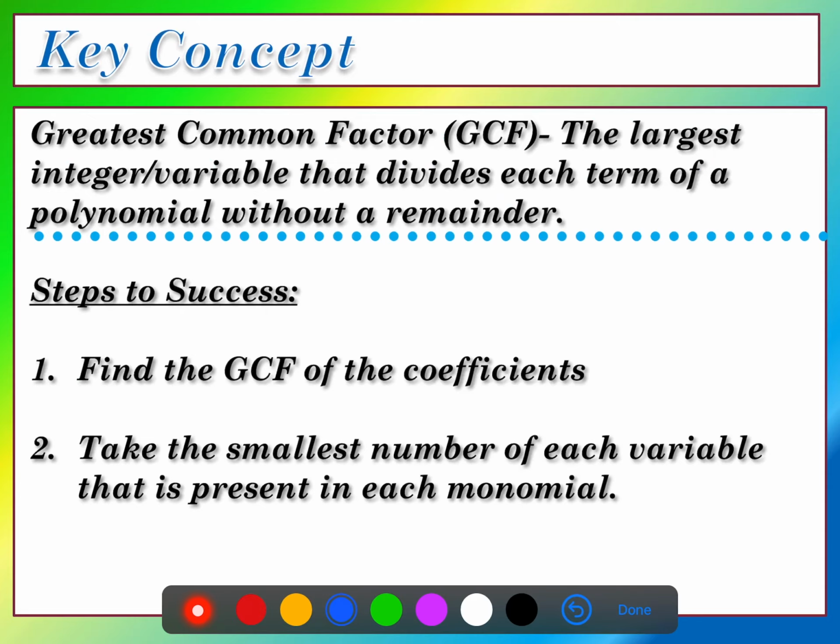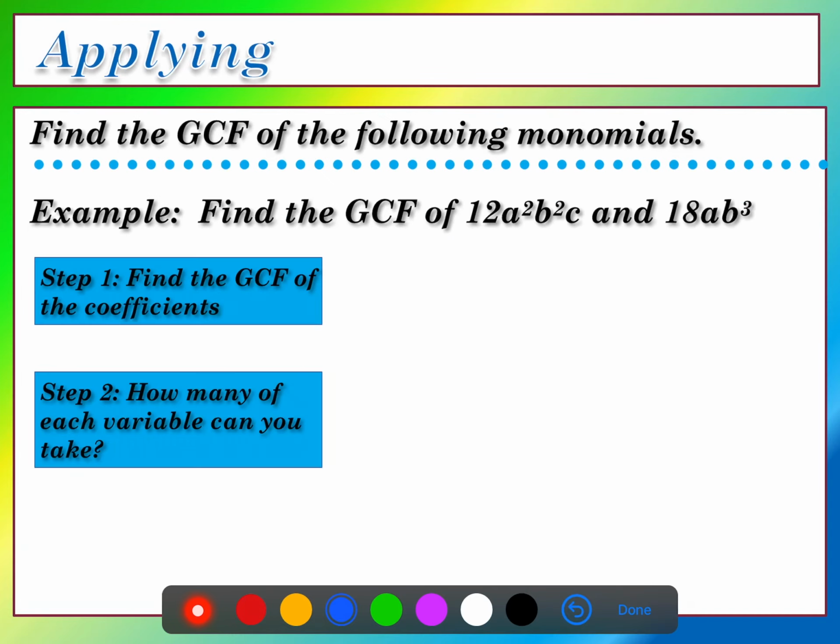When we are finding the GCF for a variable, we take the smallest number exponent for each variable. We can only take out the smallest number that's available. I'll show you what that means when we look into an example.